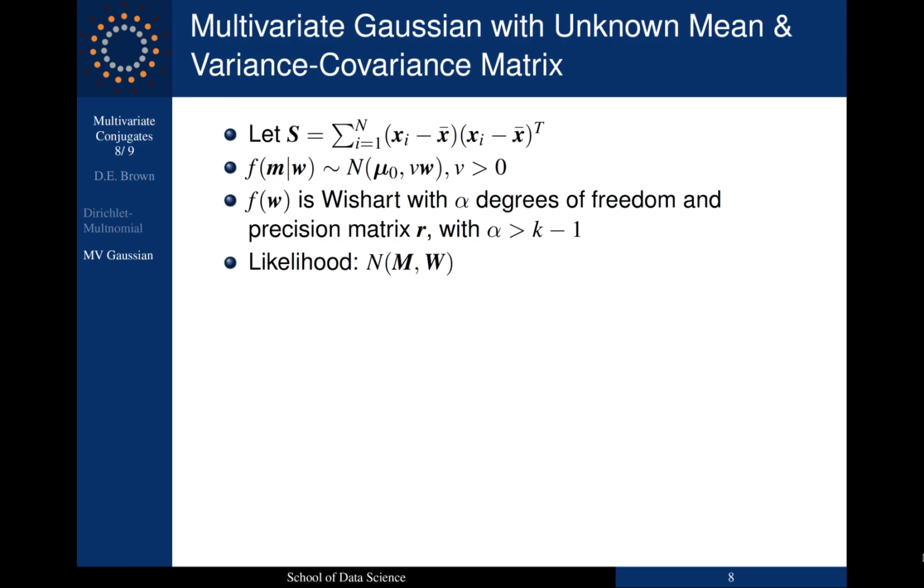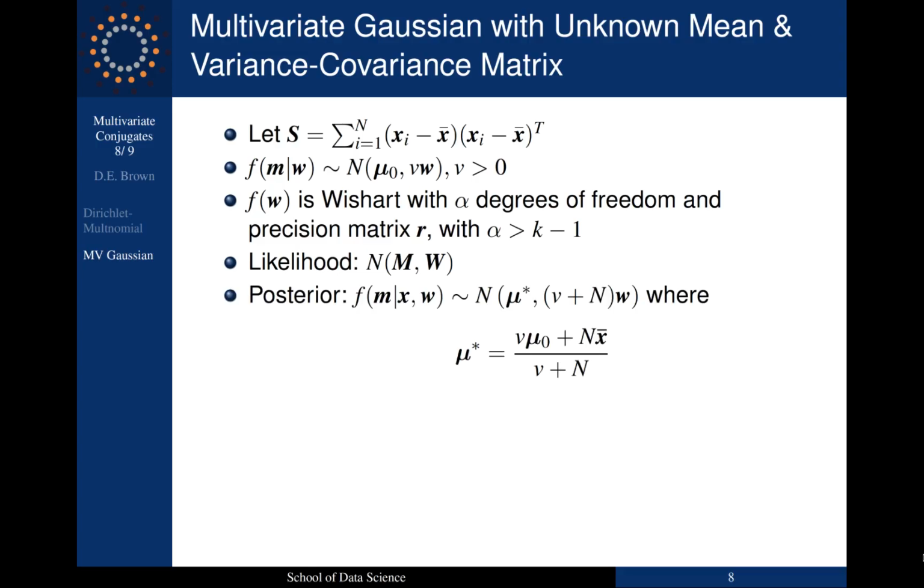The likelihood, as we said, is a multivariate Gaussian. It has unknown mean vector, capital M, and an unknown precision matrix, capital W. Okay, if this is a conjugate analysis, that conditional multivariate Gaussian prior will yield a posterior which is multivariate Gaussian, and that's as shown.